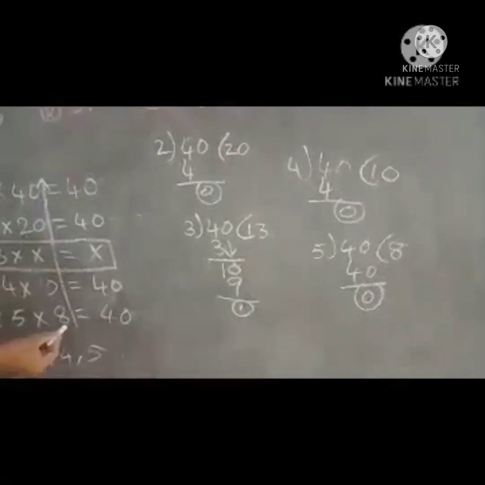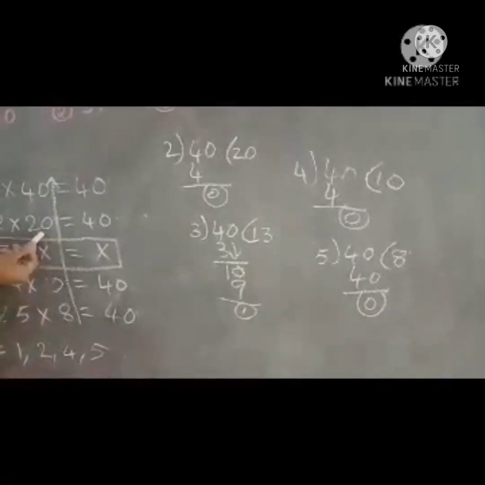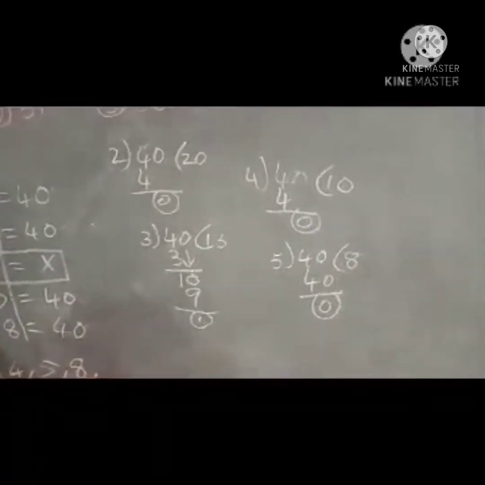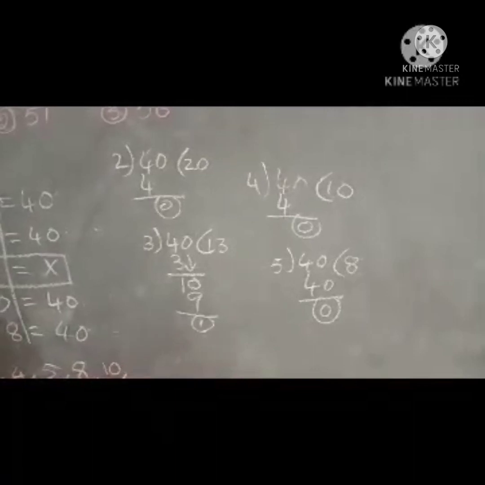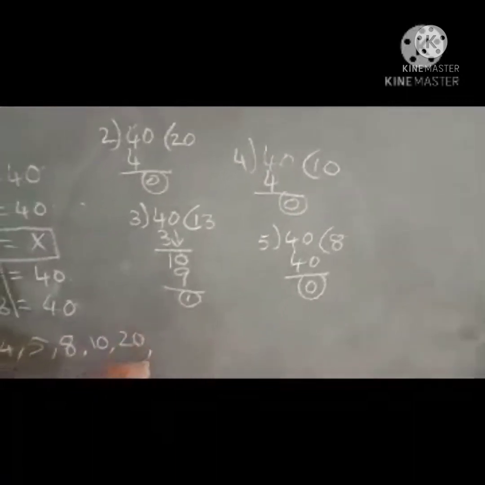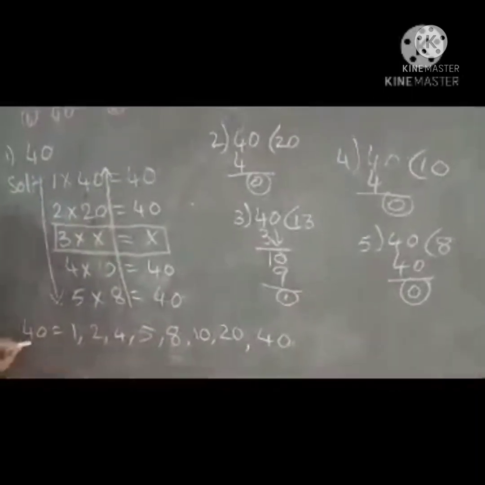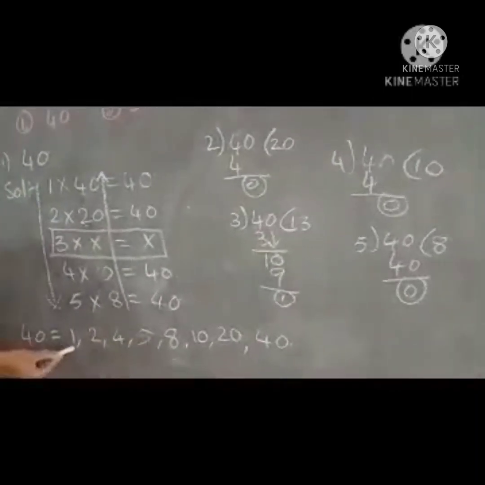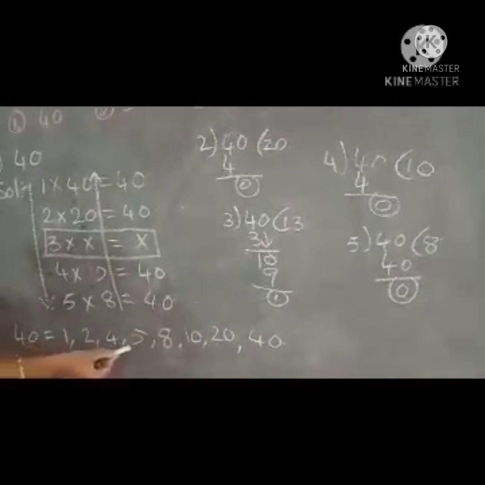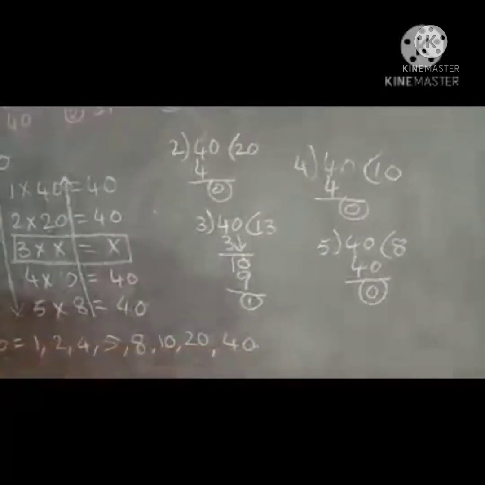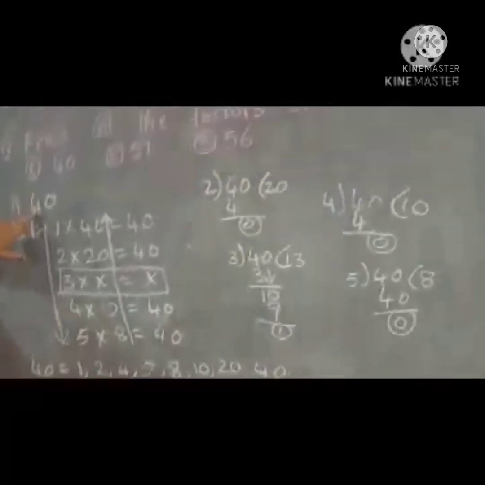See children, 8, and next one is 10, 20 and the last one is 40. What are the factors of 40? 1, 2, 4, 5, 8, 10, 20, 40 are the factors of the number 40.